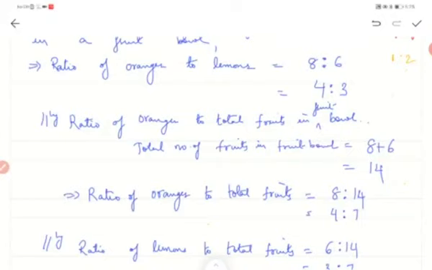So my ratio is 1 is to 2. If I am taking 1 kg of rice, then the number of glasses of water I need to take is what? If it is 1 kg, it is 2 glasses of water.